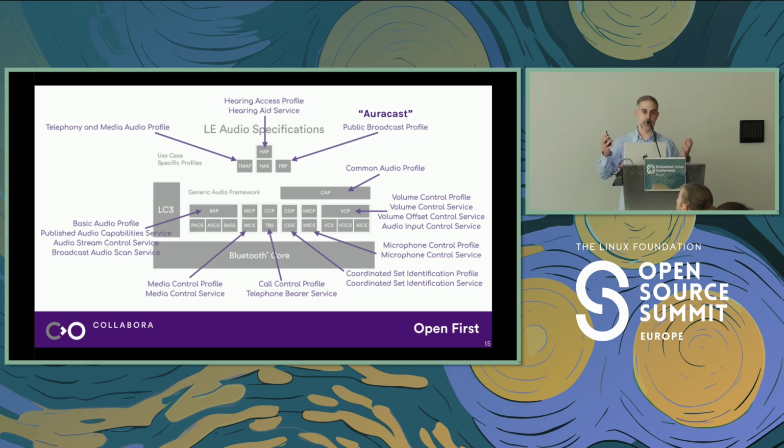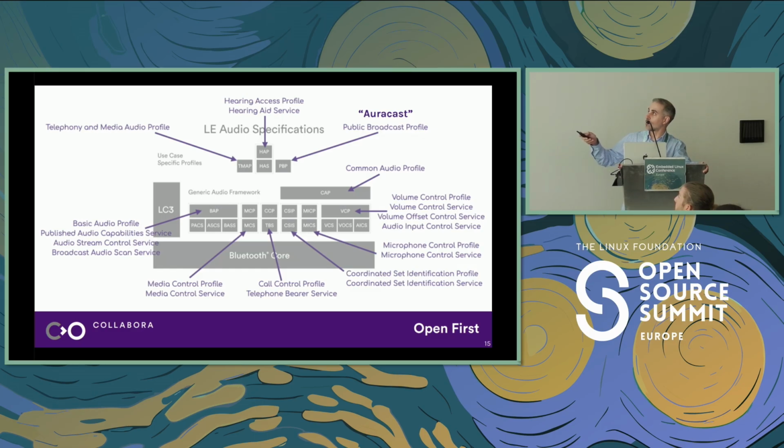Coordinated devices are basically the earbuds use case, where there are two devices, but they need to coordinate and they need to go together. The Call Control Profile, which replaces the HFP controls, so you can do things like dial a number, answer phone calls, and things like that. And the Media Control Profile, which replaces AVRCP, which is like play, pause, next song, etc.